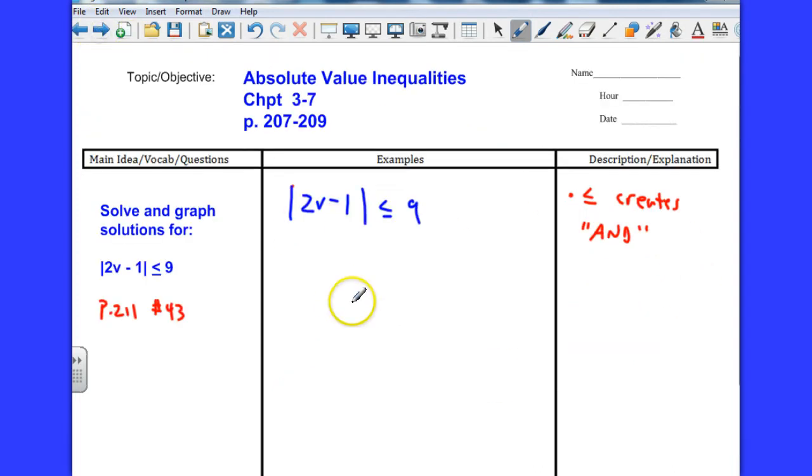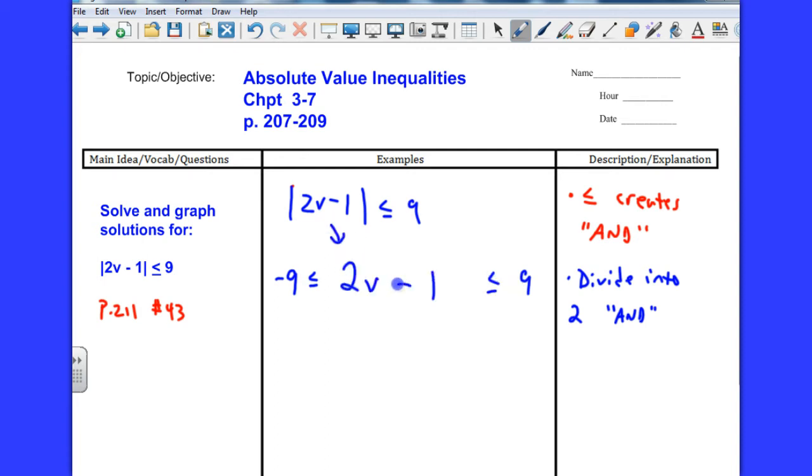So I can take this and divide it into two inequalities that make an and, like this. The left barrier is negative 9, the right barrier is 9. That's less than or equal to, that's less than or equal to, and what's in the middle? 2v minus 1. So negative 9 is less than or equal to 2v minus 1 is less than or equal to 9.